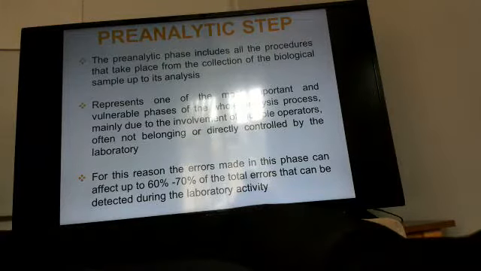So you have to do the same thing every time you collect the sample. This is not because you just want to make a repetition, but because if you introduce some variable, this variable can affect the results. And so this is important.